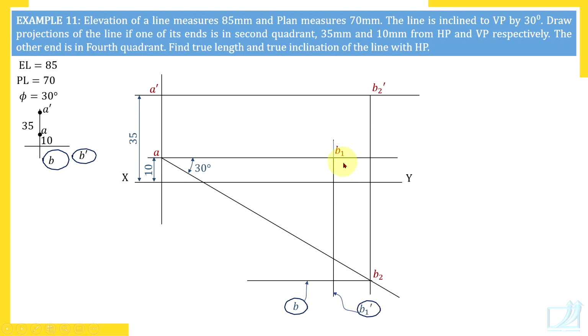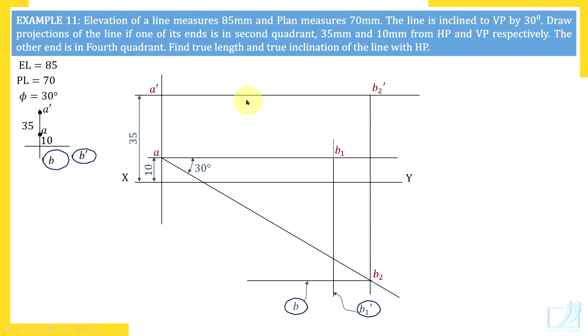Now there are horizontal vertical lines through all labeled points, so use compass. Rotate either EL or PL. Here it is PL, AB1. Which other view has the same length PL? AB. And that is why we know that up to this line, because on this line point B is, we should rotate AB1. Now what about EL? Can we rotate EL? Check here, A dash B2 dash.